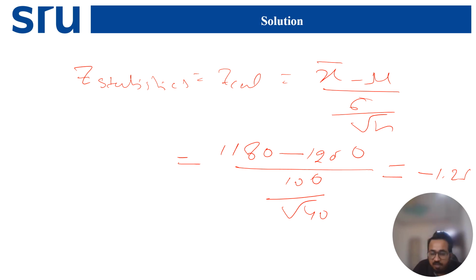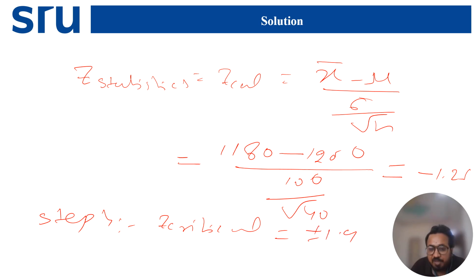Okay. Now, from the table, what is the Z critical value? This is step 4. The Z critical value is given as plus or minus 1.96 for a two tail test, right? At alpha equal to 0.05. So we can see that the modulus of the Z calculated value is less than Z alpha, that is, the Z critical value.